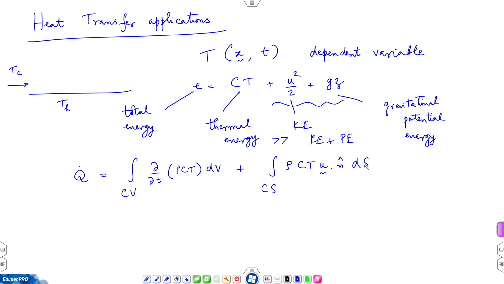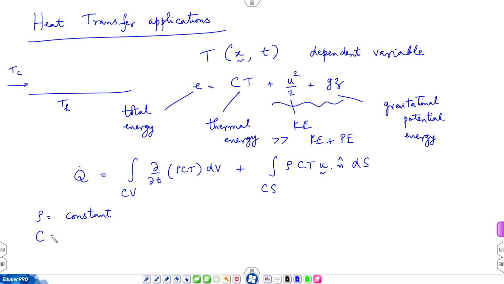You can simplify it further by requiring, as in the examples we have done earlier, let us set rho equal to constant, and we have also discussed problems where mu is constant, C is constant.